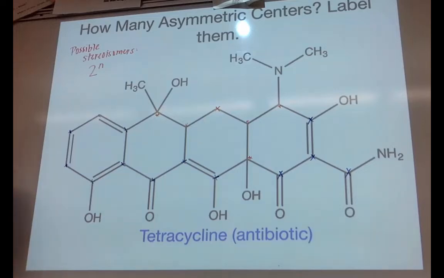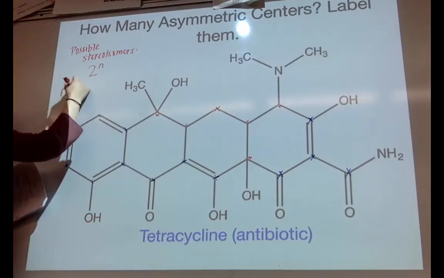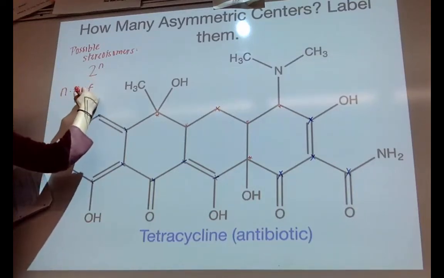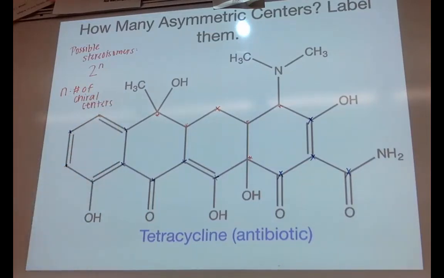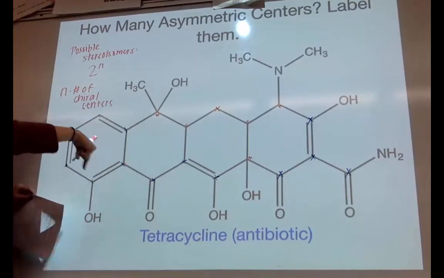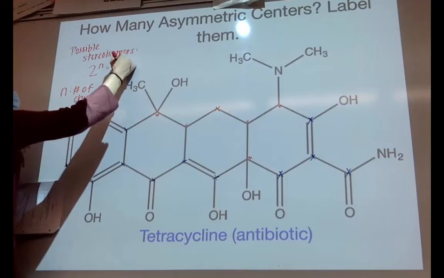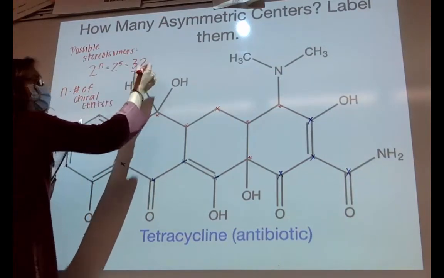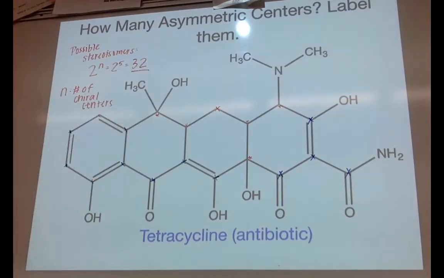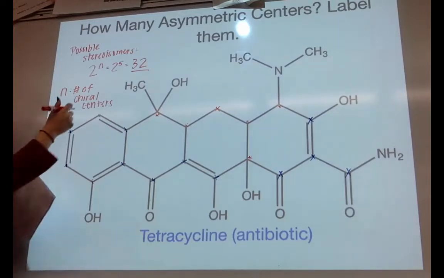The possible combinations of stereoisomers is 2 to the n, where n is the number of chiral centers. Here we have 5 chiral centers. So how many possible stereoisomers do we have here? 2 to the 5th, 32. So 32 possible stereoisomers. The biggest thing is it's 2 to the n.